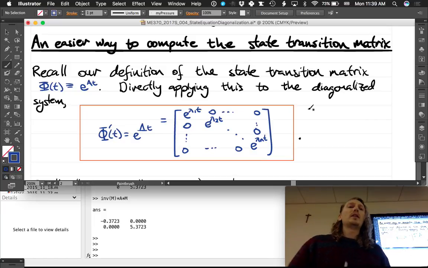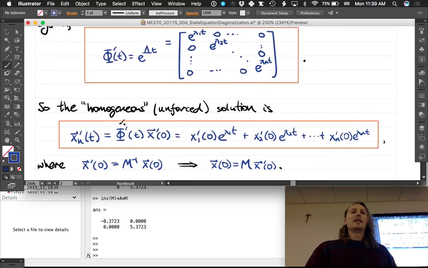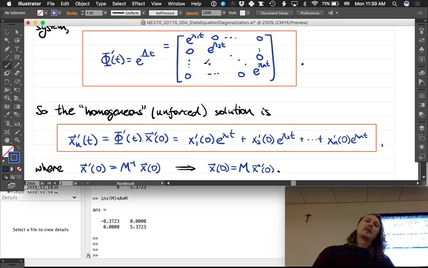So remember, if we have phi prime, we can find the homogeneous or unforced solution immediately, right? When you multiply a diagonal matrix by something, so this is phi prime times the initial condition, you just take the initial condition in each variable and multiply it by e to the lambda 1 or 2, or whichever term it lands on, t.